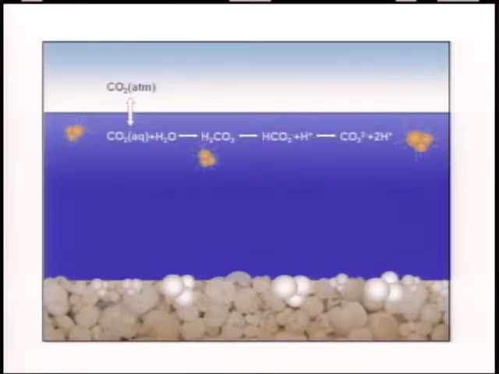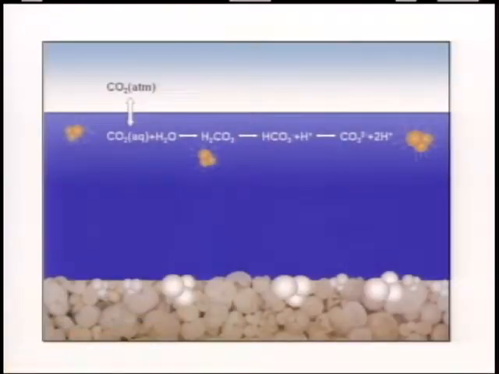So if we know the relative concentrations of carbon dioxide, bicarbonate ion, and carbonate ion, the sum of them, the alkalinity, and the seawater pH, those are the 6 parameters that describe the ocean carbon system. And if we know, in addition to that, temperature, salinity, and pressure, we can calculate all the others. So we only need 2 parameters of the carbon system to calculate all the others.